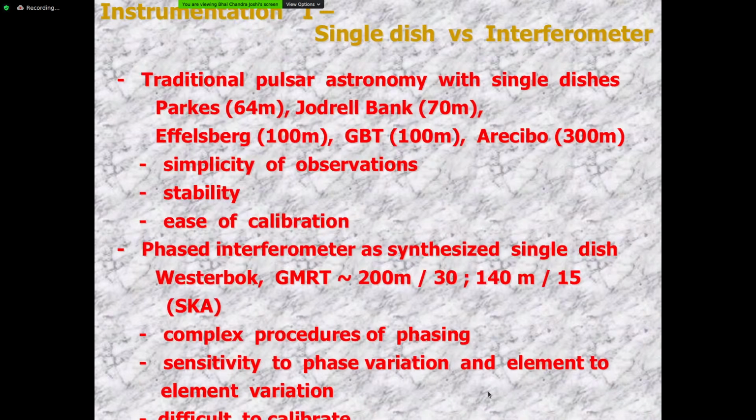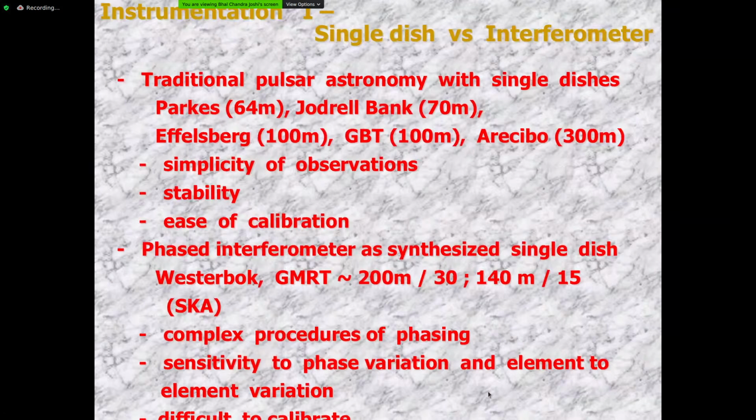But as time goes by, with all the most modern telescopes, one realizes that building a telescope as big as 100 meter or 300 meter or 500 meter is very difficult. So radio astronomy has moved towards synthesizing a large single dish using phased interferometers. Westerbork Observatory in Holland was an example of this.